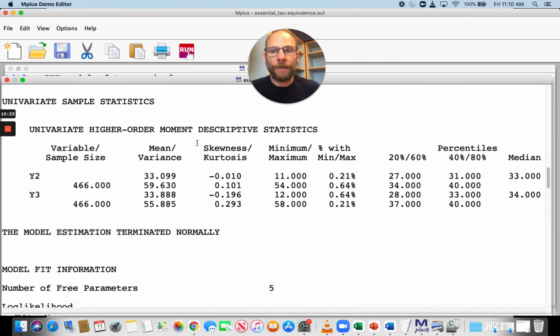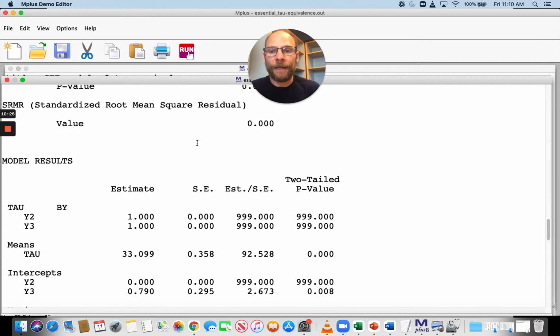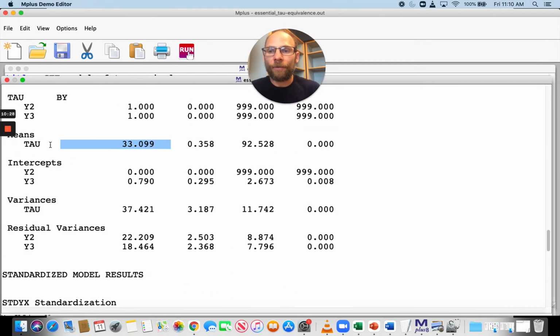So that gives you the mean difference, and also you can see that the mean of the true score variable is exactly equal to the mean of Y2, because Y2 is the reference variable, and so that variable identifies the true score mean, or the mean of that variable, I should say. And so then the intercept can be added to that mean, and then you have the mean of Y3.